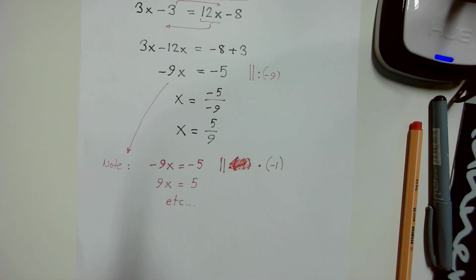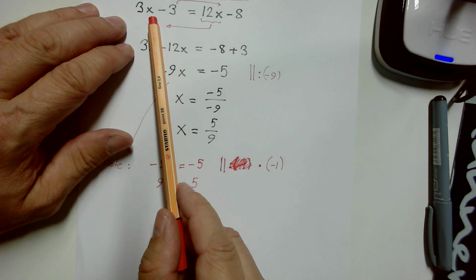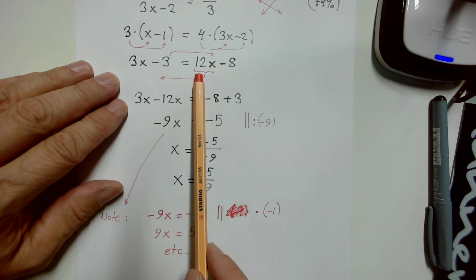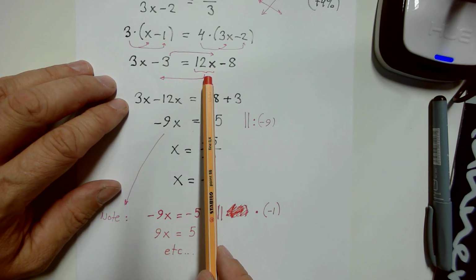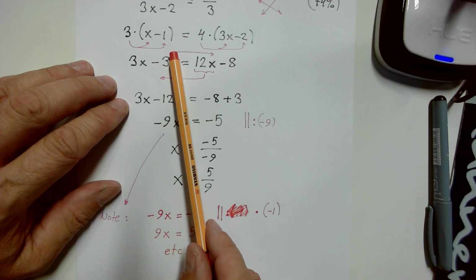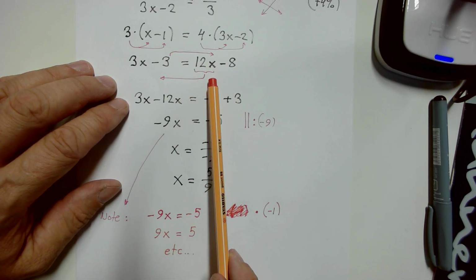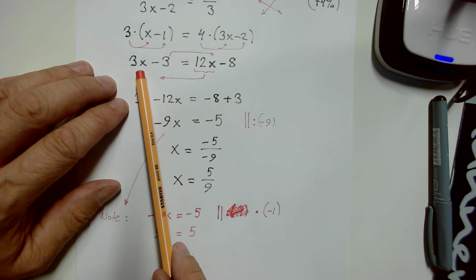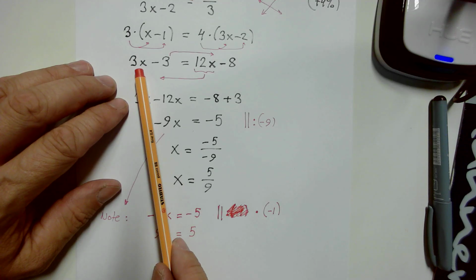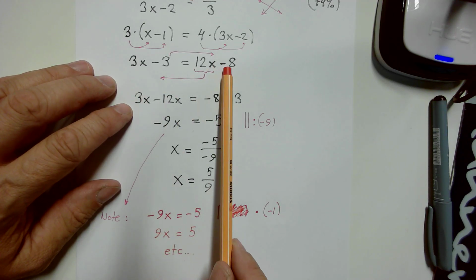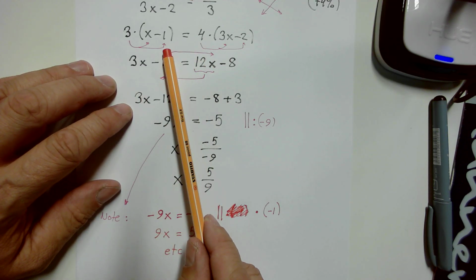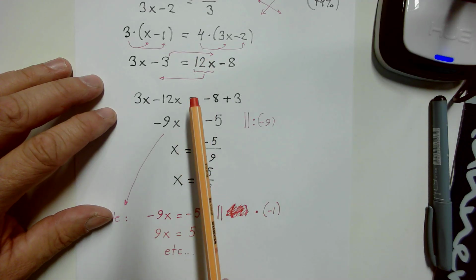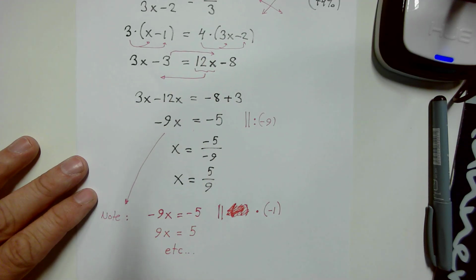So we could do that also. Or at this stage, when we move 12x to the left hand side and minus 3 to the right hand side, we could instead move 3x to the right hand side and minus 8 to the left hand side. And after that we would get positive numbers on both sides.